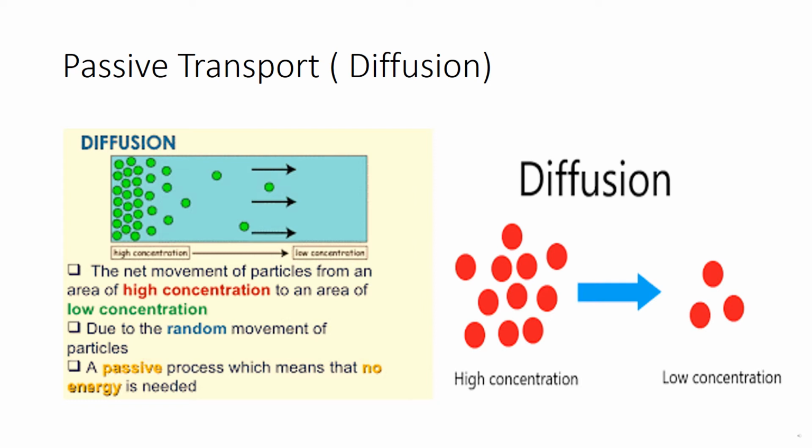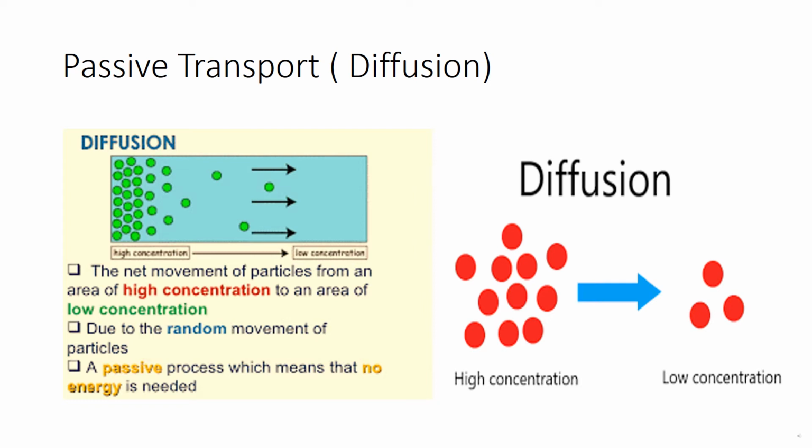Diffusion is a random movement of molecules from one area, meaning from the higher concentration, to an area of lower concentration. Diffusion is a passive way for molecules to enter or exit a cell because no cellular energy is needed.